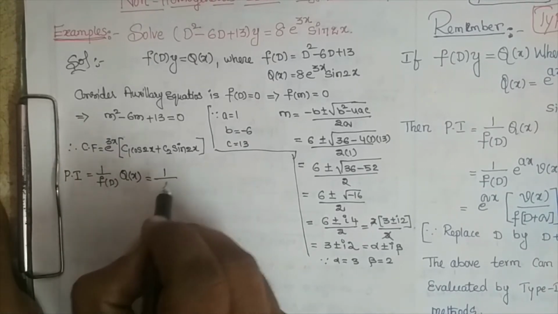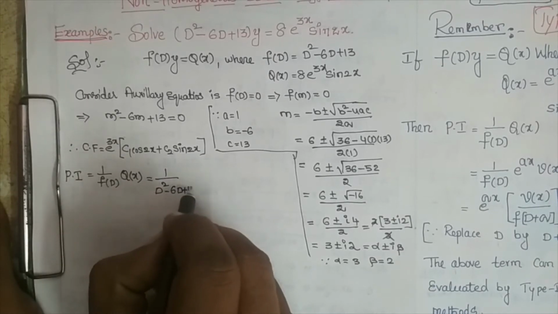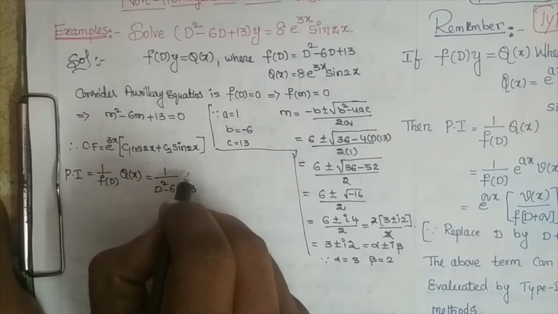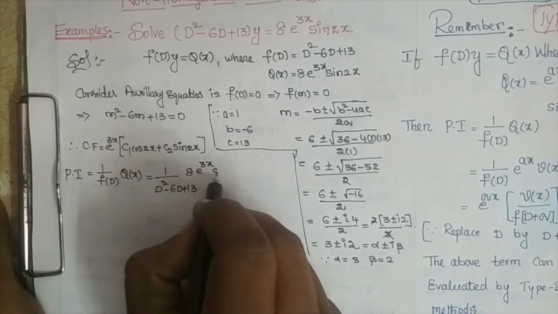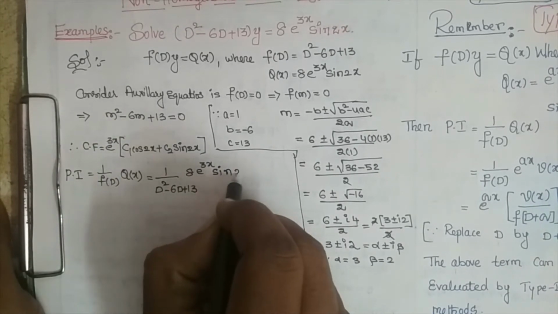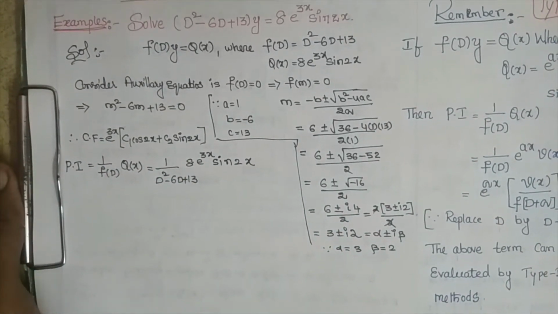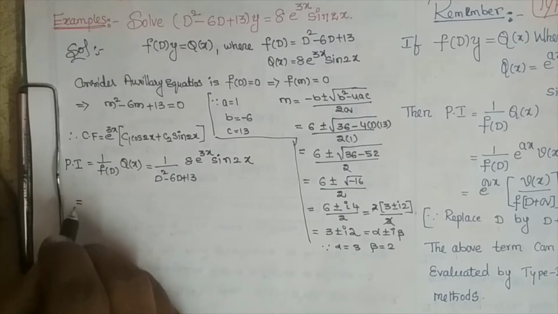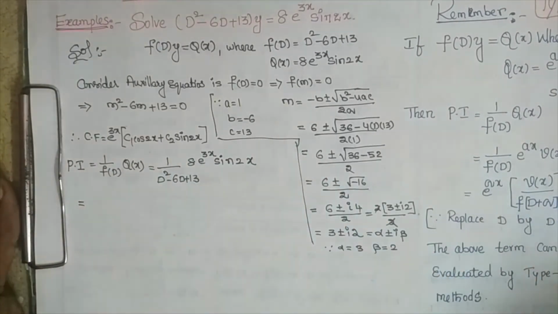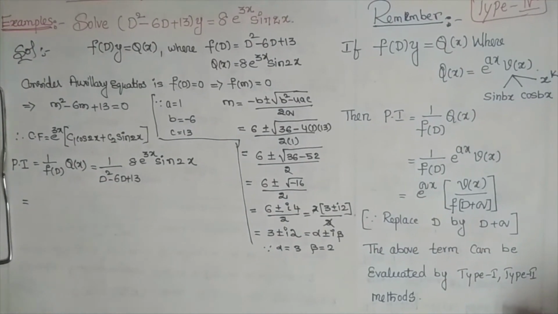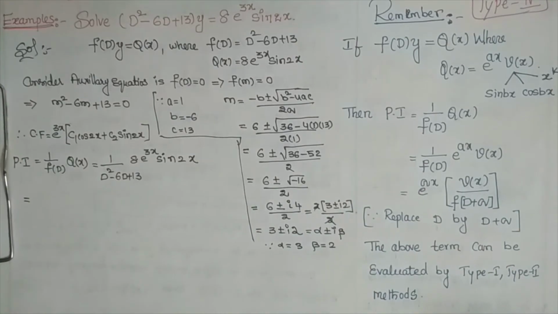Let us substitute f of D as D square minus 6D plus 13, and Q of x as 8 into e power 3x sin 2x, which is in the form of e power ax into V of x, type number 4. So what is the formula? e power ax into V of x by f of D plus a.